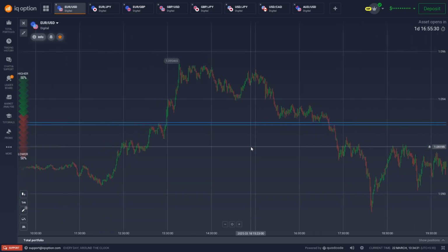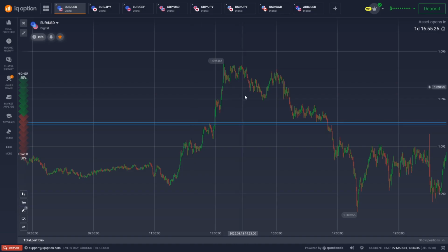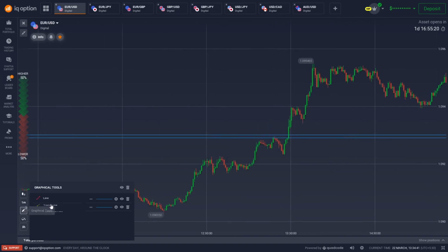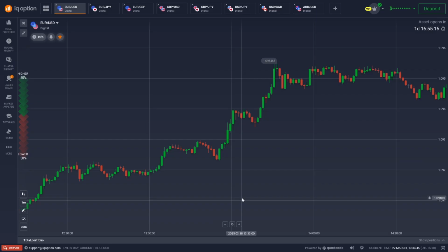So let's understand the basic scenario of why the price moves in the upside direction and why it moves in the downward direction. Let me remove everything. You see that here the price did move very strongly in the upside direction. But why does the price move upward?